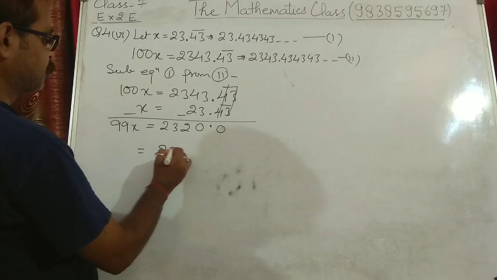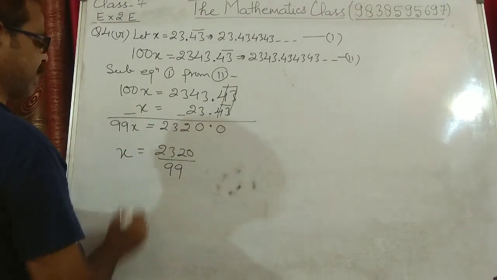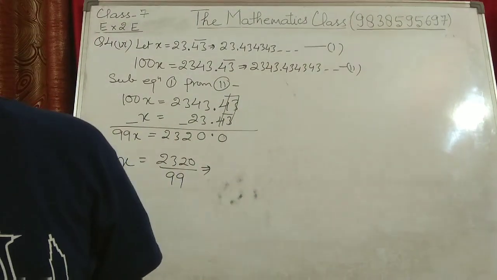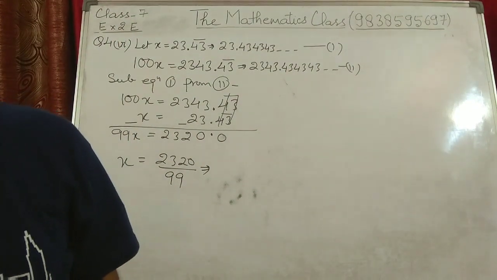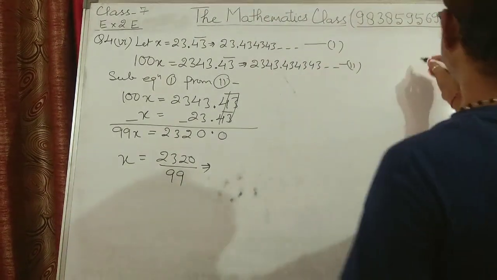It means 2320 upon 99 is equal to x, and then you will divide 2320 by 99.